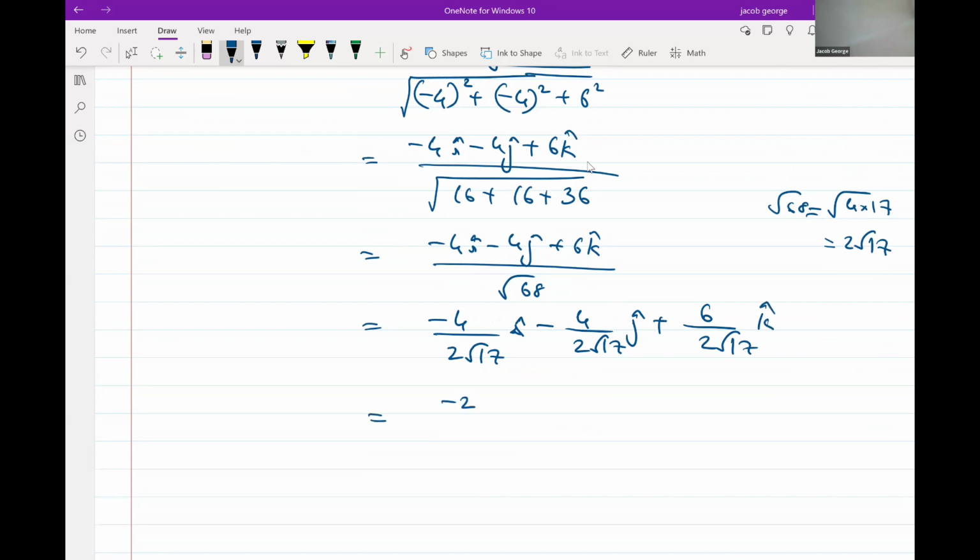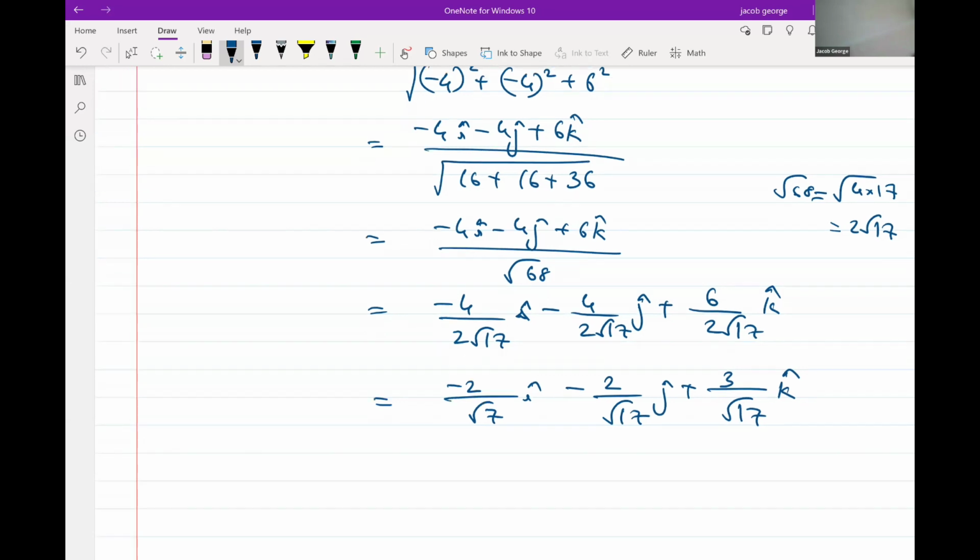So this is minus 2 by root 17 i cap minus 2 by root 17 j cap plus 3 by root 17 k cap.